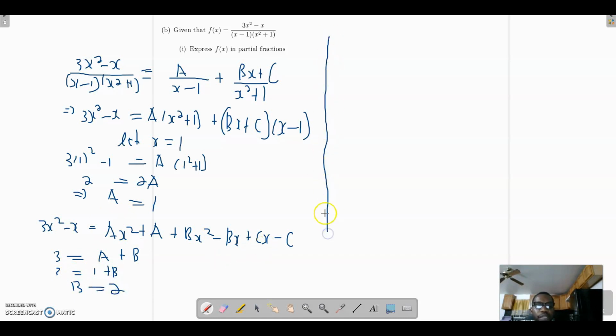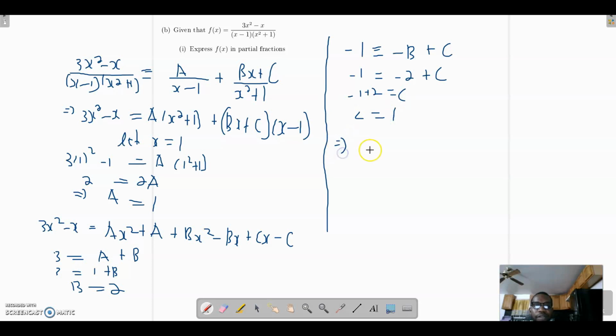We now move to the next, which is the coefficient of x. On the left, we can clearly see that it's negative 1. And on the right, the coefficient of x is negative B and positive C. So we have negative 1 equals negative B plus C. Since B is 2, we're going to have negative 2 plus C. So we're going to have negative 1 plus 2 equals C. So C is equal to 1.